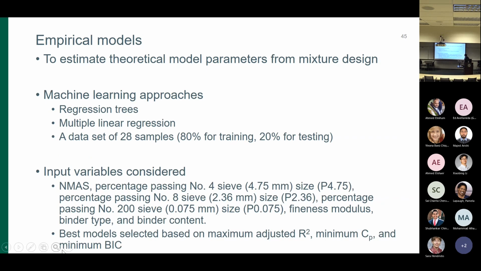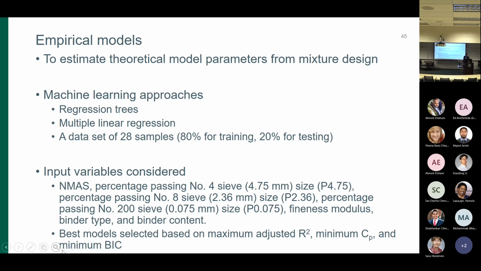So we estimated the theoretical model parameters based on lab test data, and the next step is to correlate these three parameters with mix design parameters like the binder content and the aggregate gradation. We use some machine learning methods, including regression trees and other automatic models. Now, the limitation in our study is that we have a limited set of data.